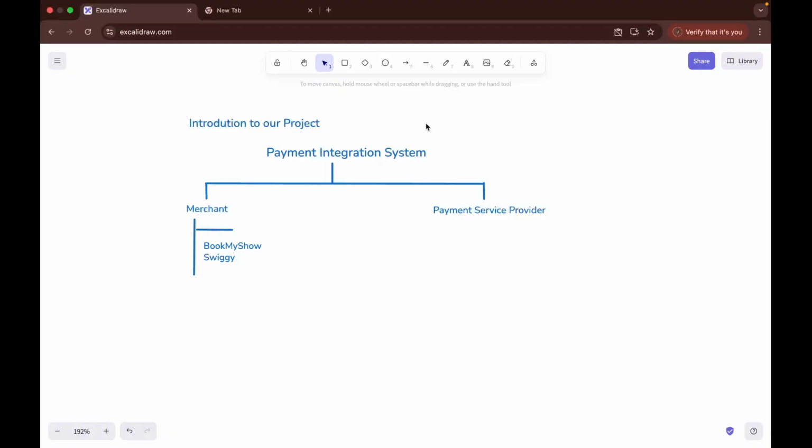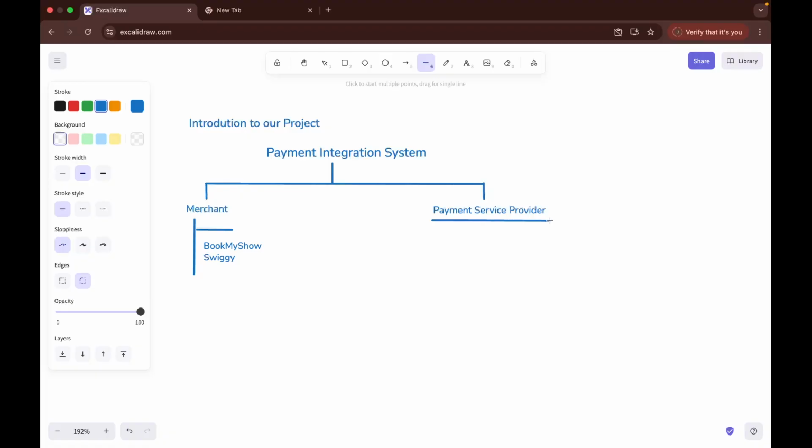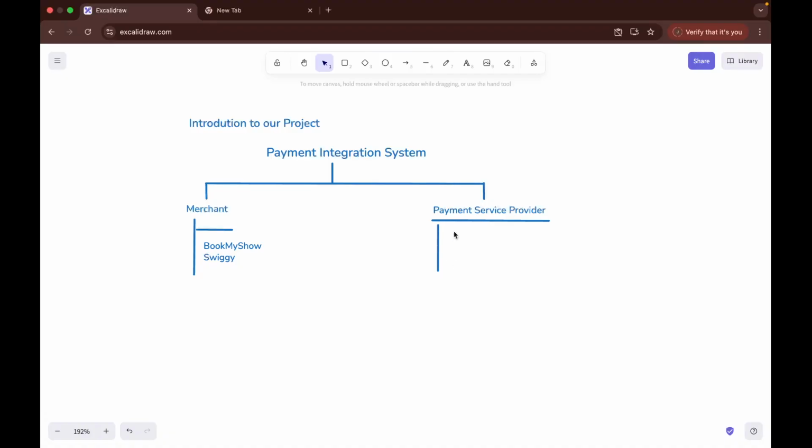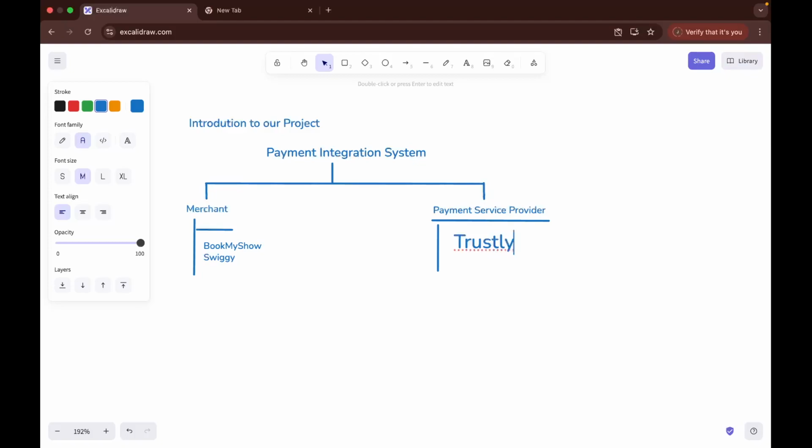Here we are working with Trustly and Razorpay. Those are the payment service providers.